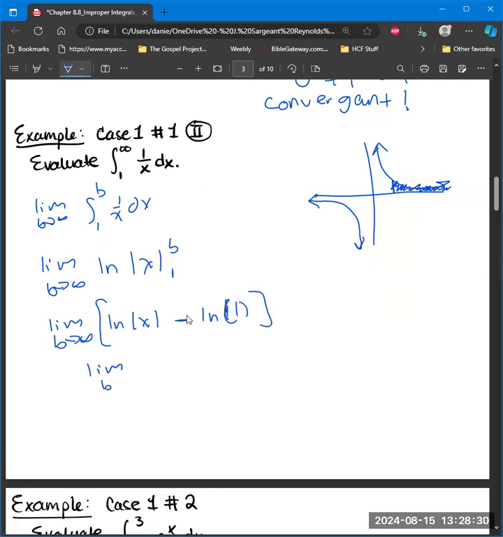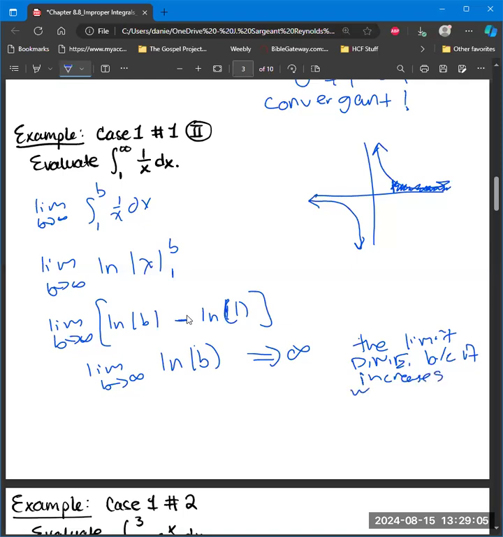So the limit as b goes to infinity of ln of the absolute value of b is going to approach infinity, which means the limit does not exist because it increases without bound.